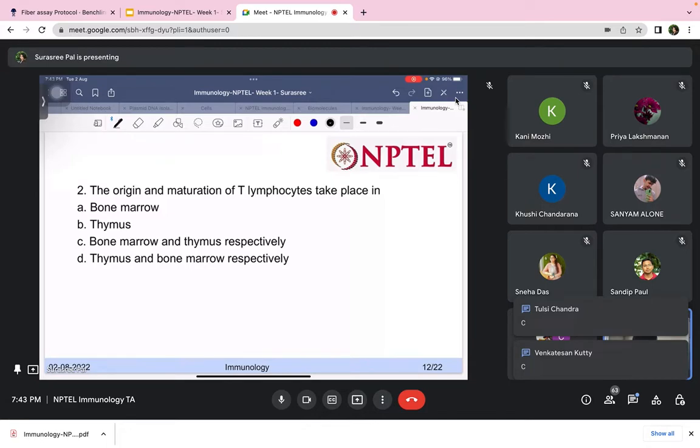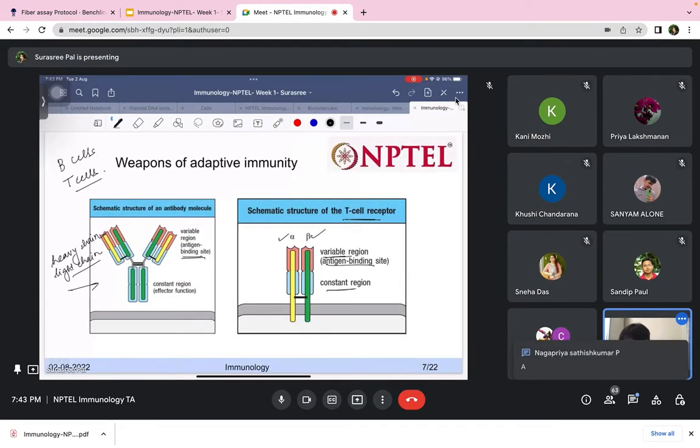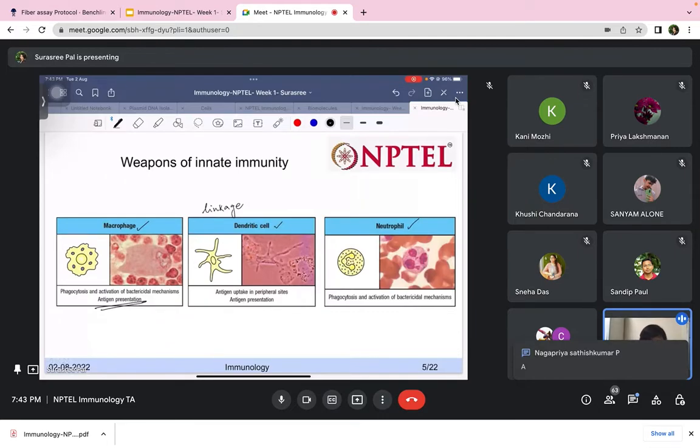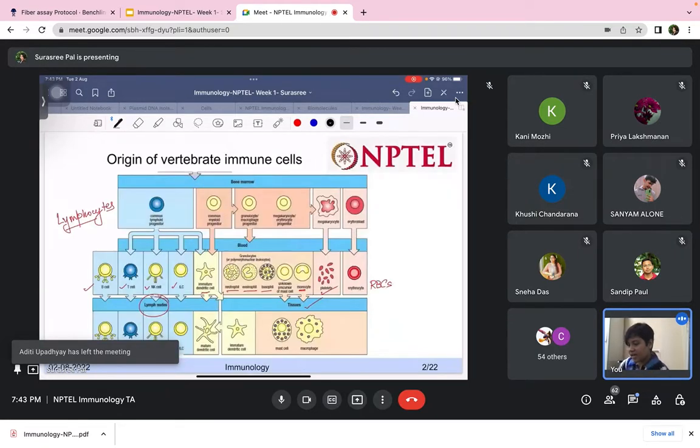All right. If we go back to the first slides, the question is where the maturation of T cells takes place. Here you can see the T cells.